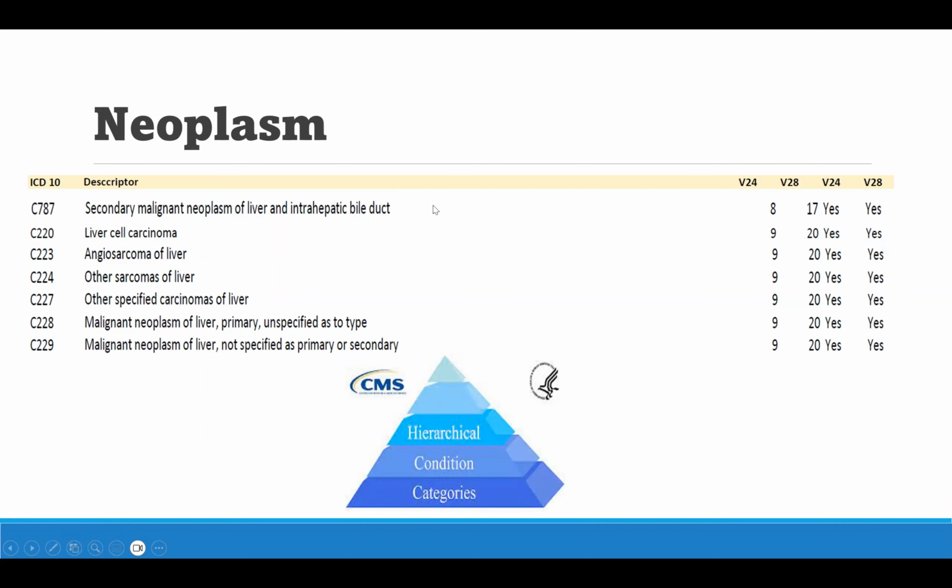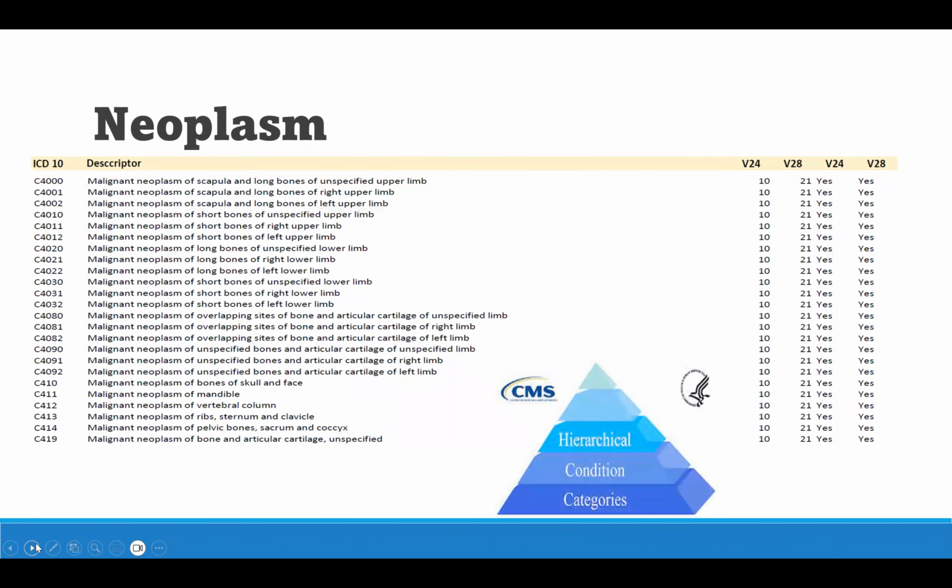So we have secondary malignant neoplasm of the liver, or other specified carcinomas of the liver, maps to HCC 20, right? But over here, malignant neoplasm of the long bones, or ribs, etc., is going to map to HCC 21.